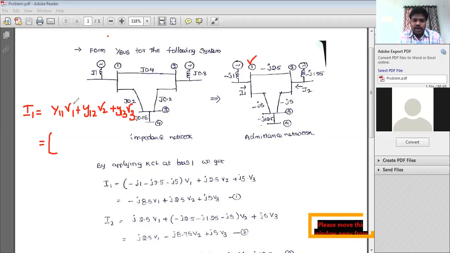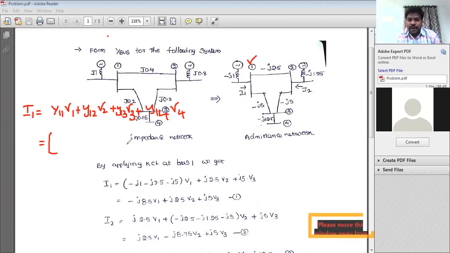Just forget about V1, V2, V3, because you will also have one more bus here, Y14 into V4. This is the generalized expression you should remember before starting with the first algebraic equation. So what is Y11?